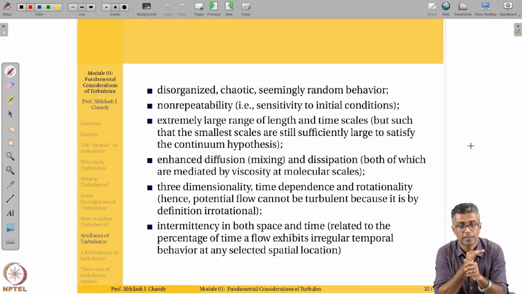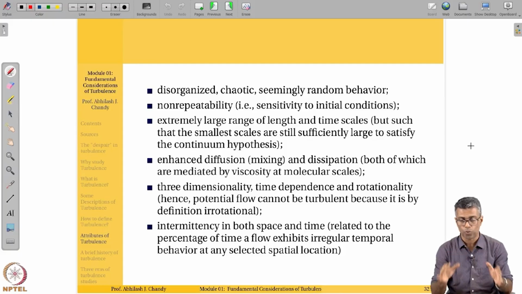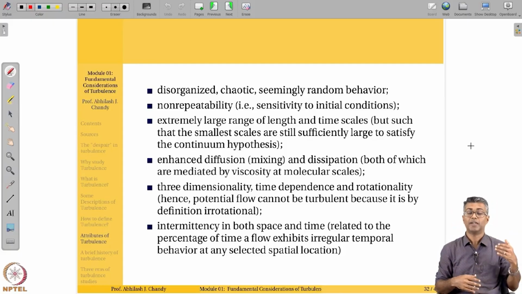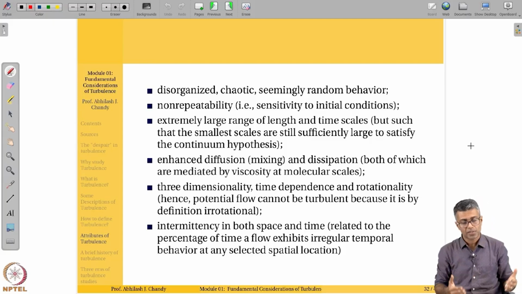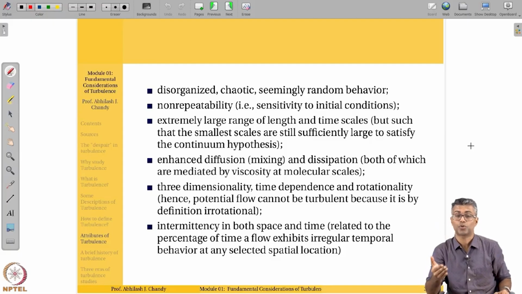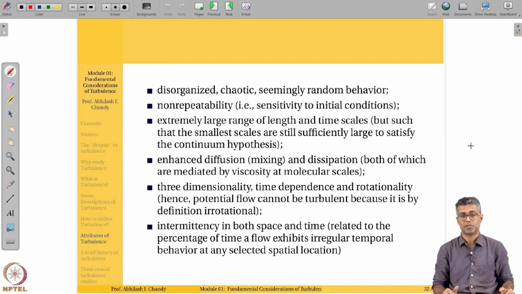But the first one is the disorganized, chaotic, seemingly random behavior. Remember, it is disorganized and chaotic. Others have described it as irregular, and we are saying it is disorganized and chaotic. But seemingly random, not random behavior, but seemingly random. So to us, it seems like random behavior.